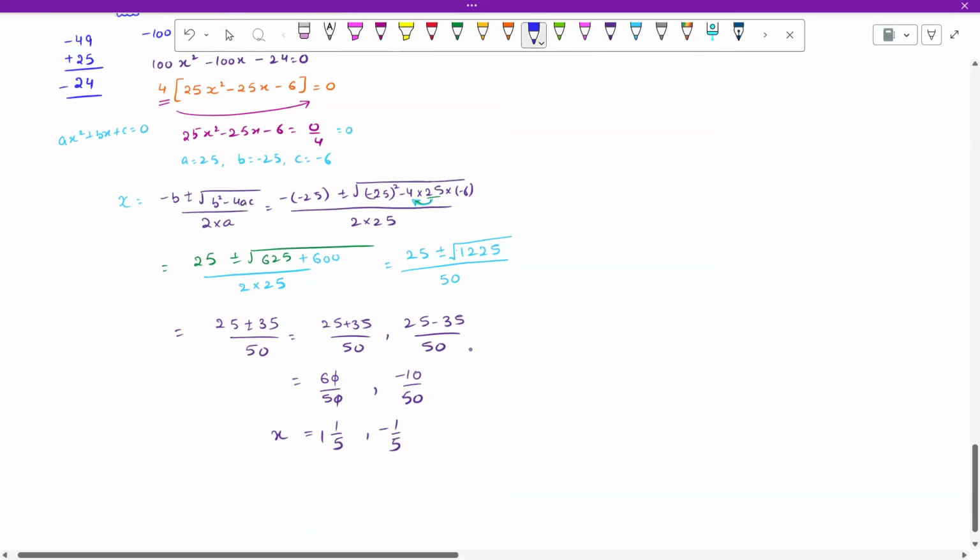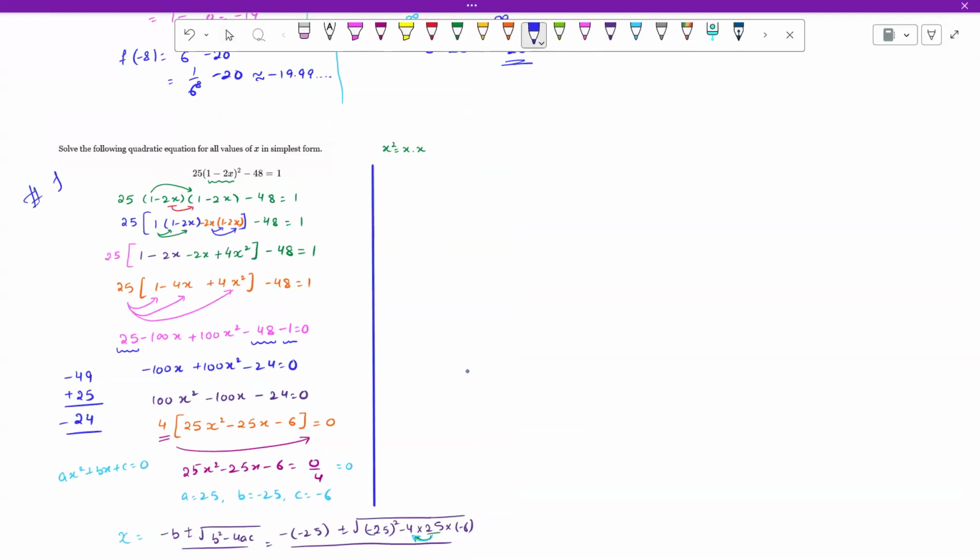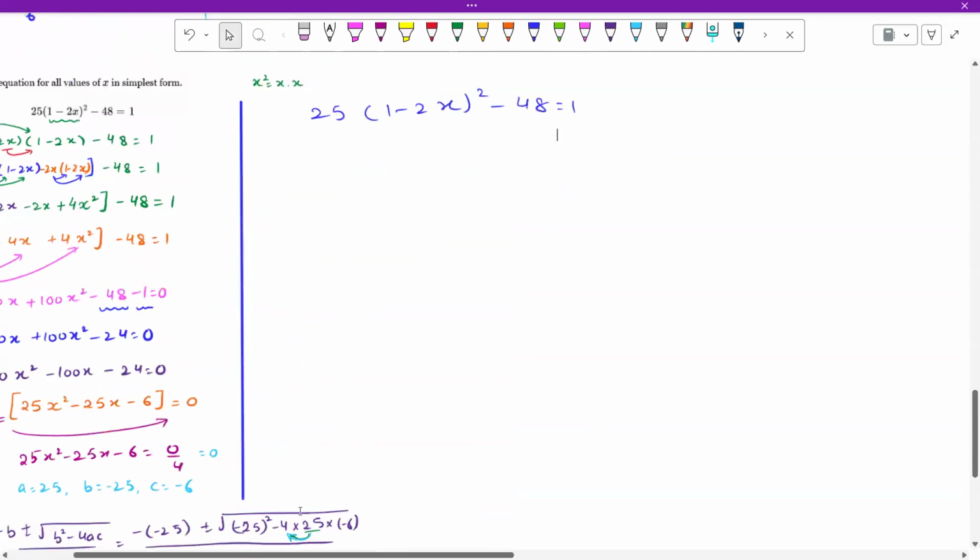See, this was one of the methods of solving. Now there is another one. Let's write the equation once more. Solve this.